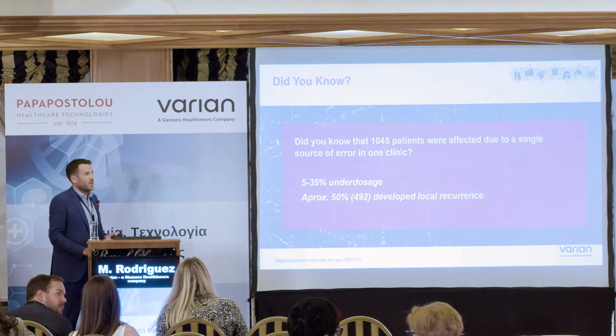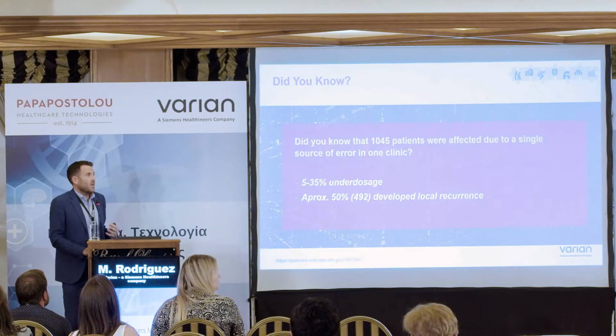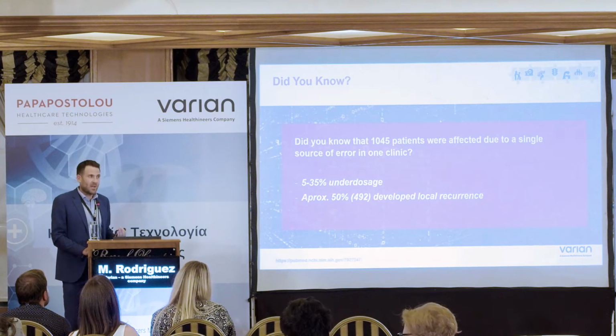There are a lot of cases in the community where, due to a single source of error in a clinic, more than 1,000 patients were affected with a systematic underdosage. And this is something that happens because of the lack of use of the proper tools.